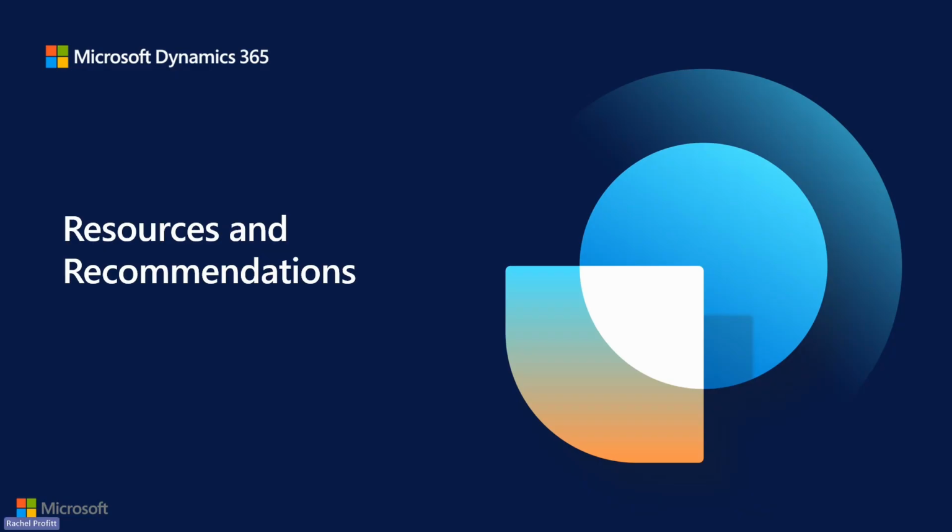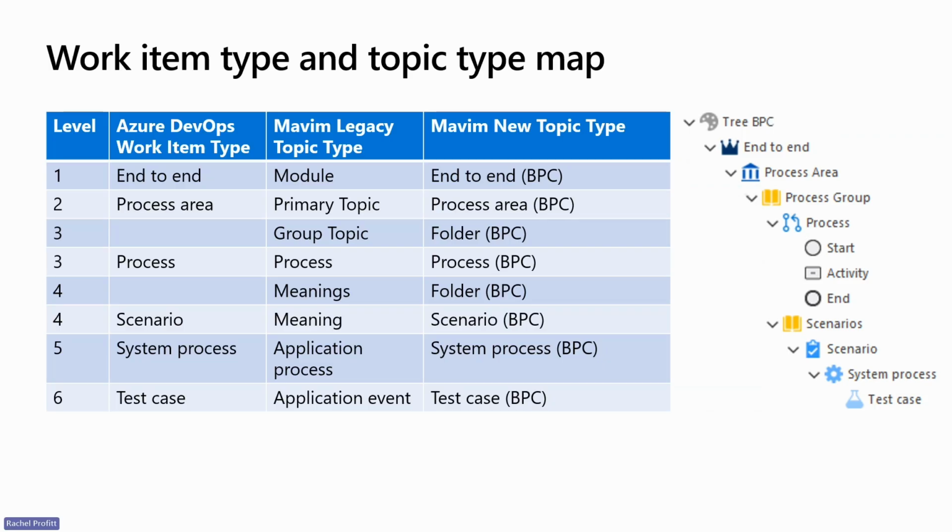So now that we've drilled through all of the different types of work items, we're going to go ahead and switch gears and talk a little bit about resources and recommendations. You heard us mention a few times in today's presentation the legacy topic types in Mavim and the new topic types in Mavim. So this slide we put together as a reference mapping for you that shows what the Azure DevOps work item types are, what the legacy topic types in Mavim are, and what the new ones are.